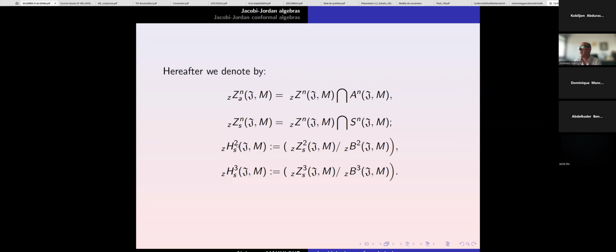And what will be denoted by symmetric second cohomology, for example, will be the symmetric two cocycles I defined before, quotient by the two coboundaries. And the same for H3. This is the symmetric three cocycles, quotient by the three coboundaries.